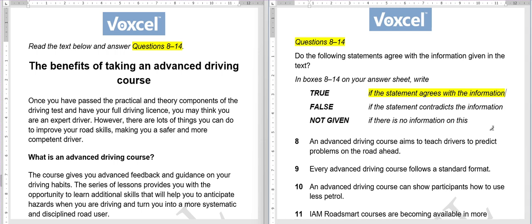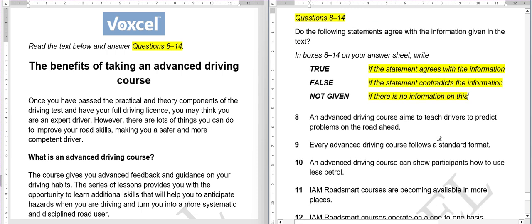If the question contradicts the information in the text, we will write false. But if we cannot match the information because in the paragraph there is no information on this, we will write not given. Hope it is clear.